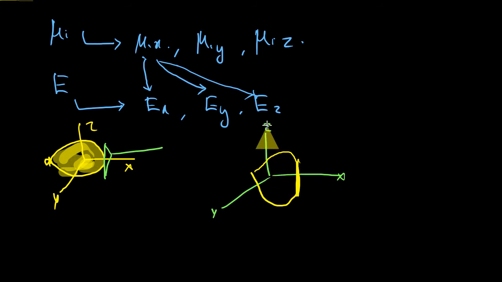Obviously, when you are viewing this balloon from the x direction, its shape will change. And if you are viewing it from the z direction, the shape of the balloon is also changed. If you are viewing it from the y direction, the shape is also changed, right? So even if you press the balloon from the x direction, it changes its shape in all directions. The thickness of the balloon will be different in all directions.